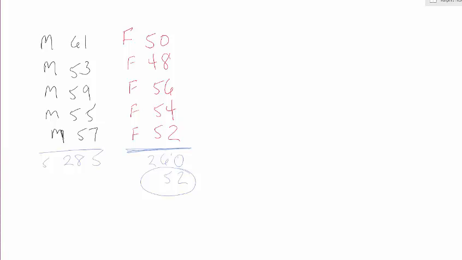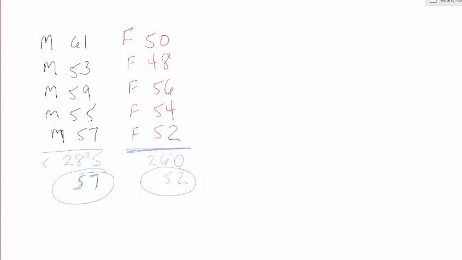Divided by 5, 57. So the average salary for these 5 guys is 57,000. And we're assuming, of course, that we randomly selected these folks from the population of all of our employees.